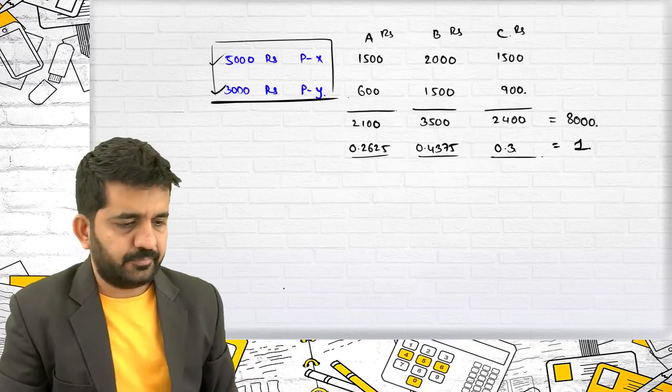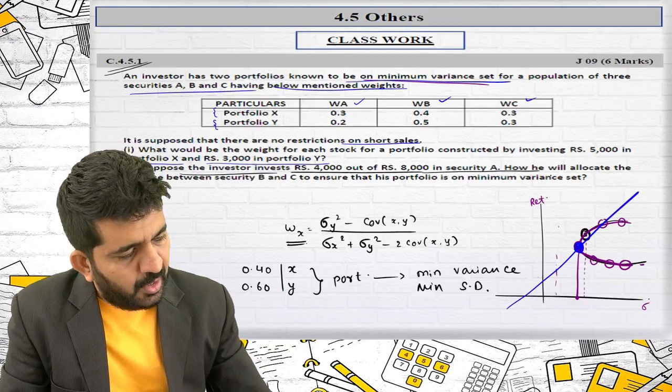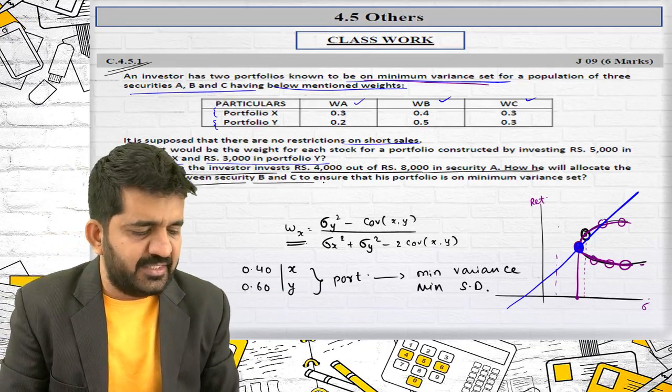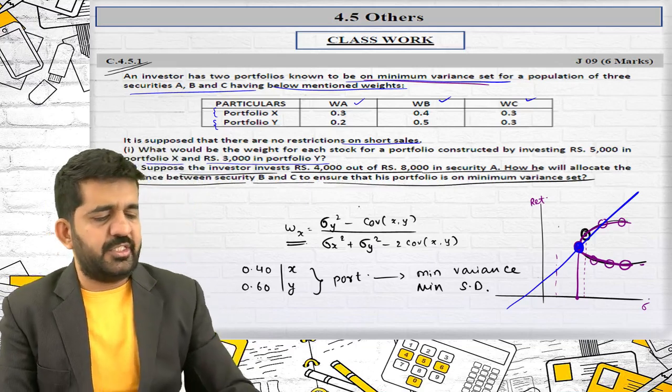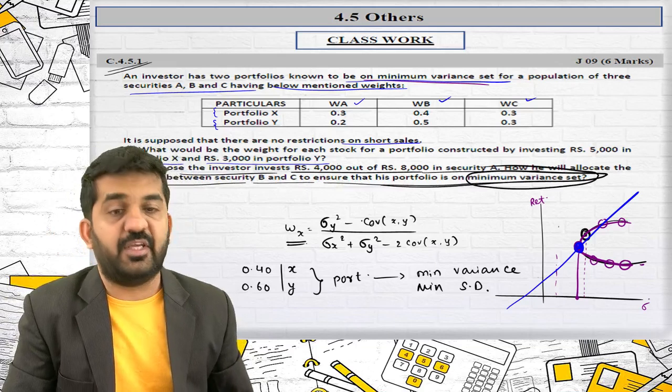How will he allocate the balance between security B and C to ensure this portfolio is still on the minimum variance set?